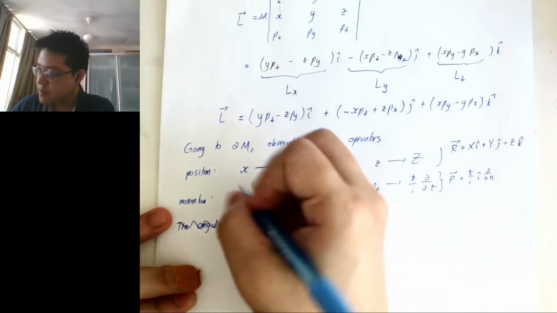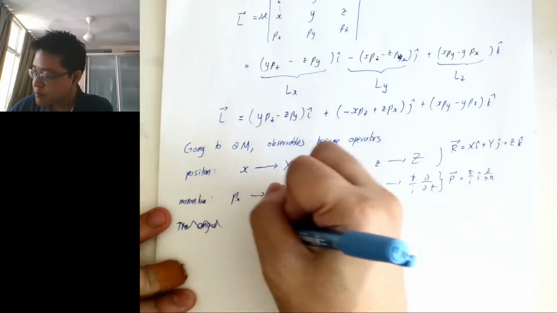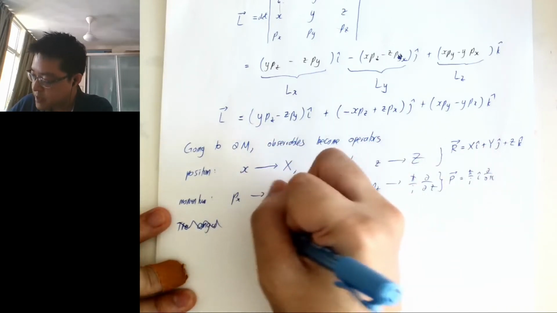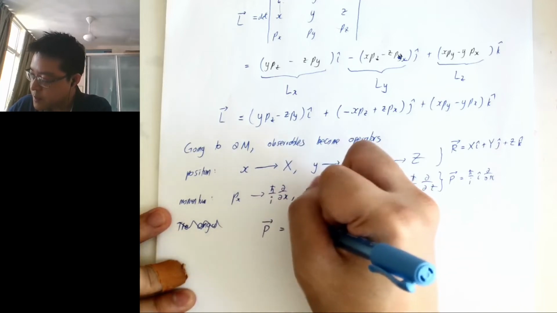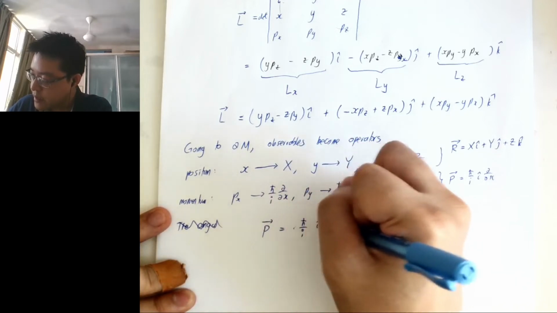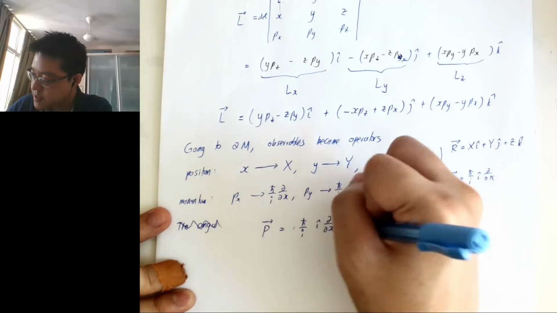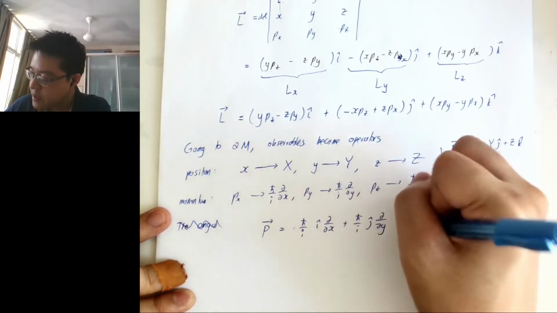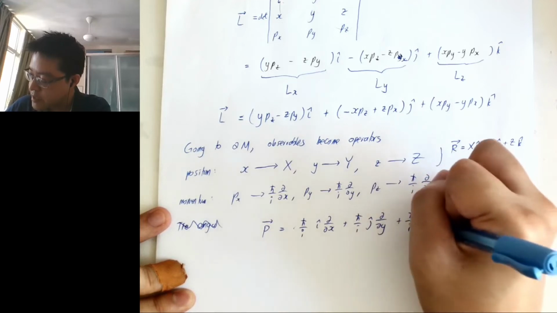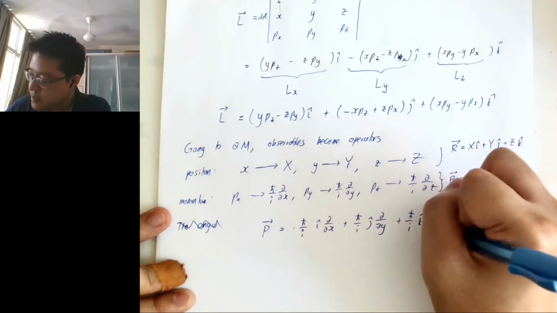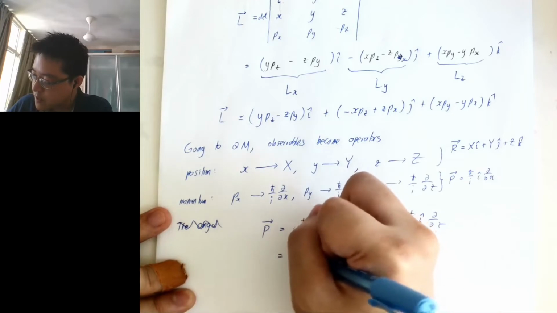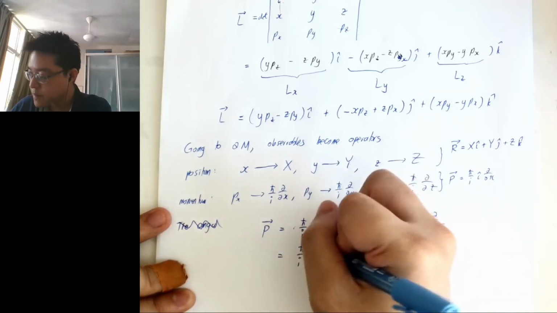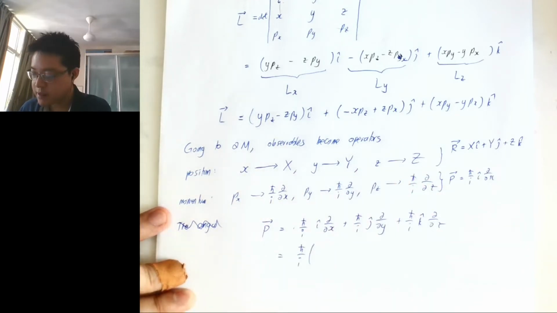So then the momentum operator becomes p is h bar over i, and then in the i direction d dx, and then h bar over i in the j direction d dy, and then h bar over i in the k direction d dz. So here we notice that we can factorize out the h bar over i, everybody here, right?